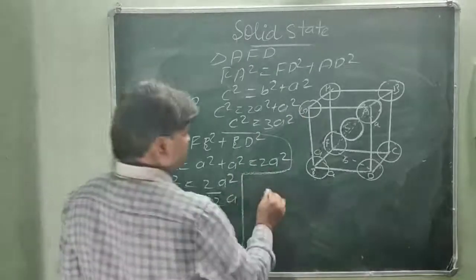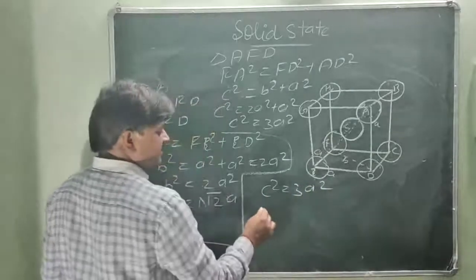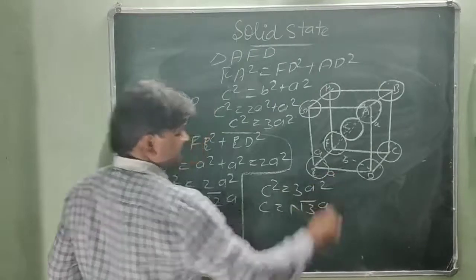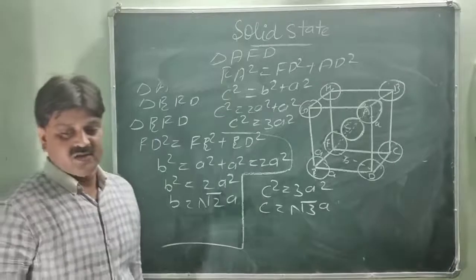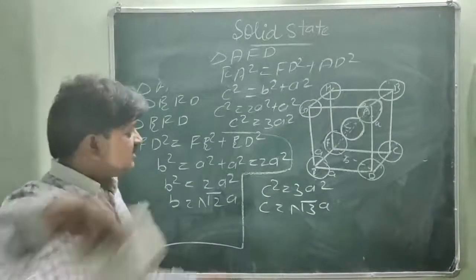Now C square is equal to 3A square, or we can say C is equal to √3 A. So we can put the value of C from this structure.